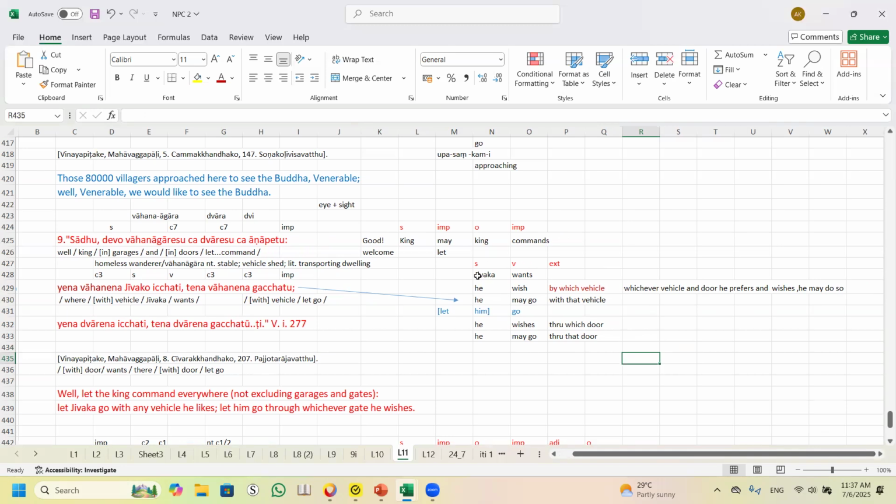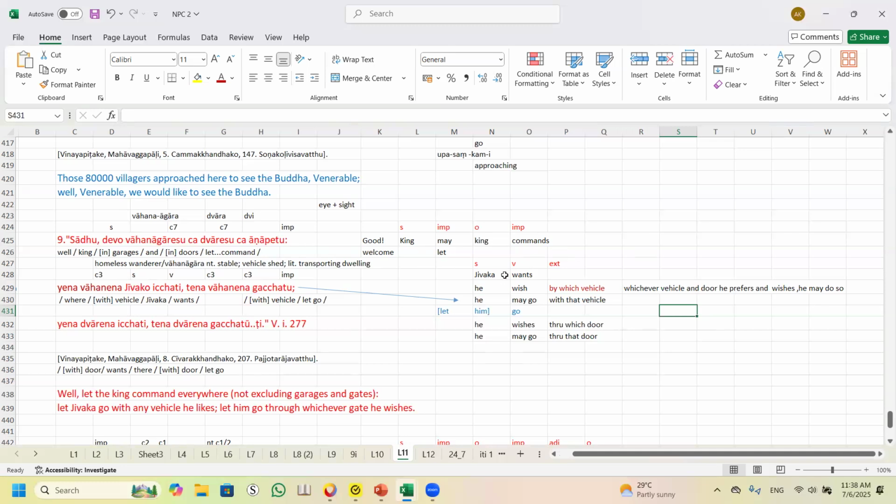So technically he is referred to Jivaka. Because here he used the word go, go, go, go. So we summarize in this way. So in this case, may the king command Jivaka.